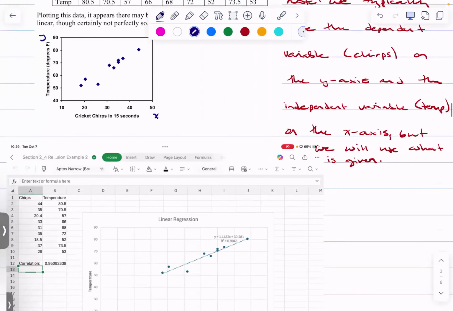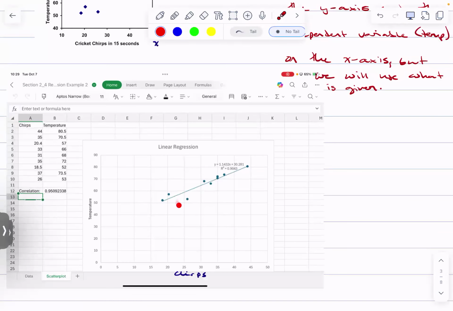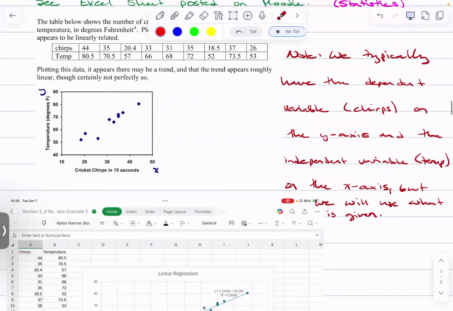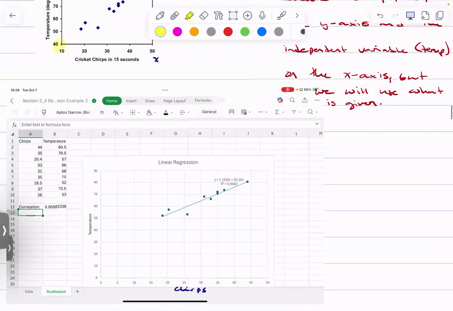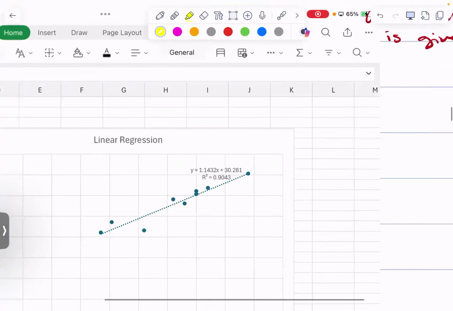Then this graph is what? It's a zoomed out version of this graph, right? Notice here, we don't go to 0. We don't go to 0, 0, right? That's something to pay attention to, because it just means that it's a zoomed in section of the graph, right? Which we'll talk about why that's important in just a moment.